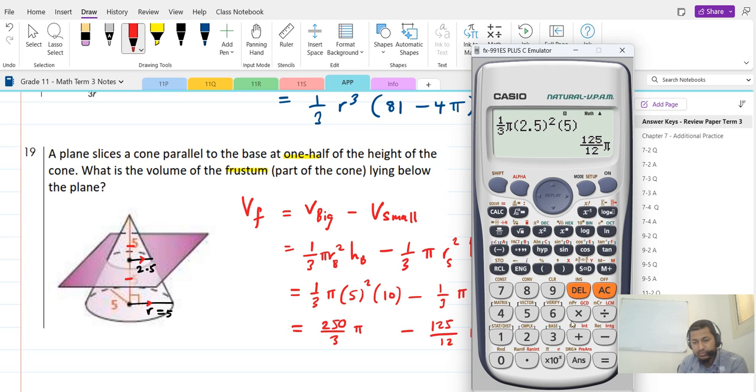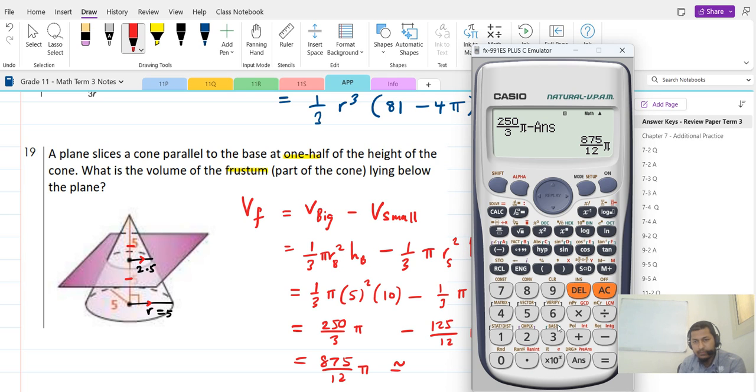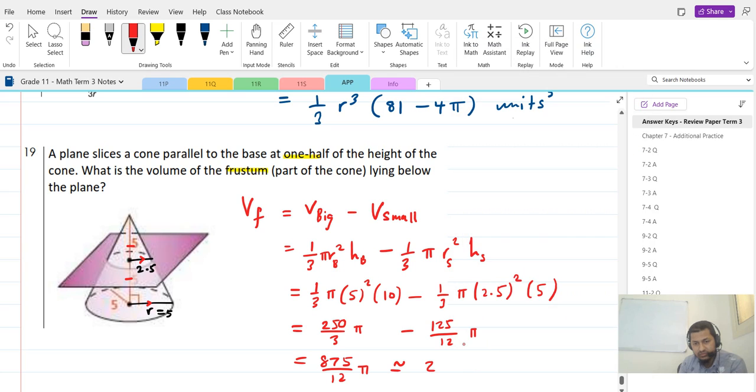So if we subtract both, 250 over 3 pi minus the previous answer, we get 875 pi over 12, which is approximately equal to 229.07 units cubed.